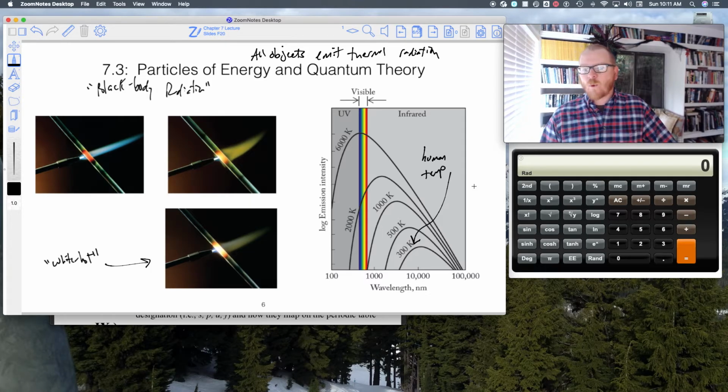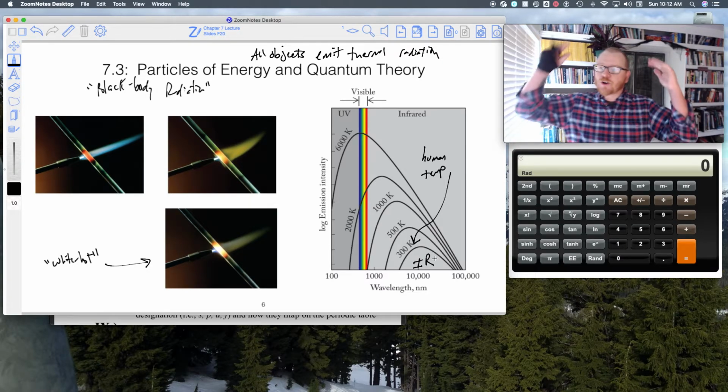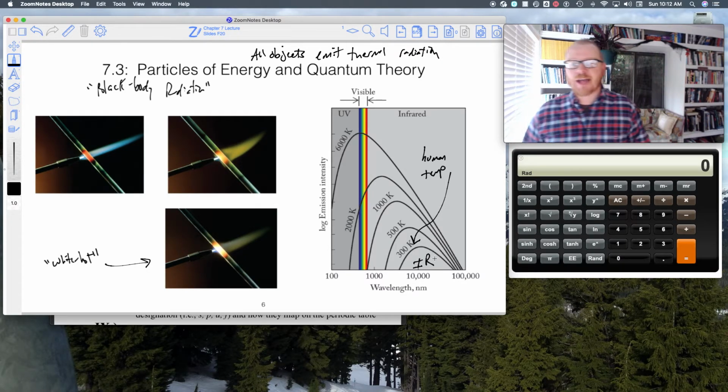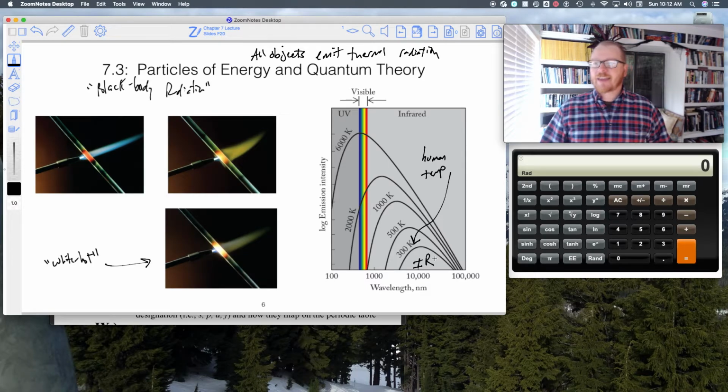But all the same, we're about this temperature. And these wavelengths, 10,000 nanometers or so, actually correspond to IR, infrared. So if you were to turn all the lights off right now, and you had some fancy infrared cameras, you would see me glowing. You would see me emitting thermal radiation. And that just so happens to be infrared thermal radiation.